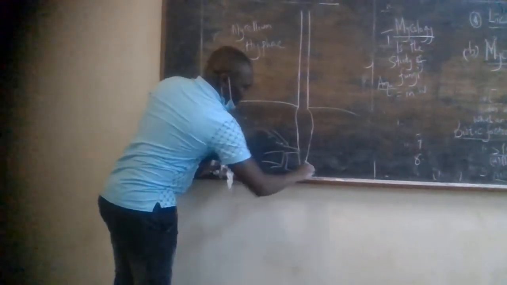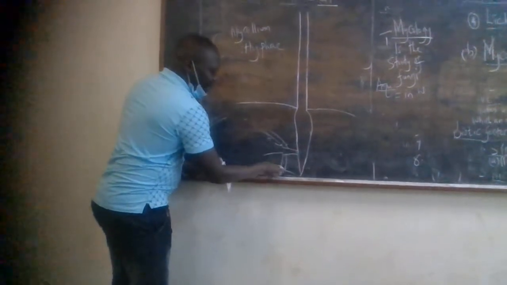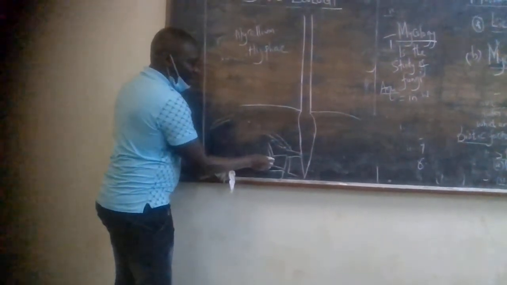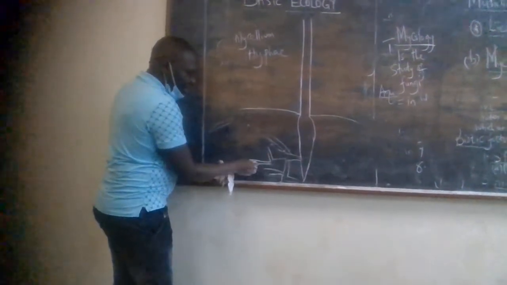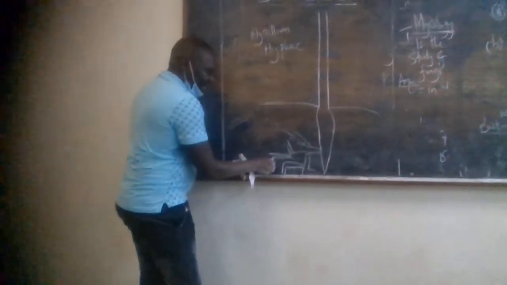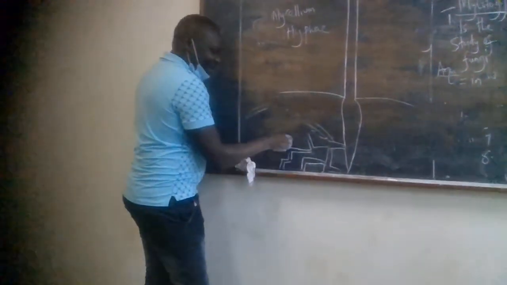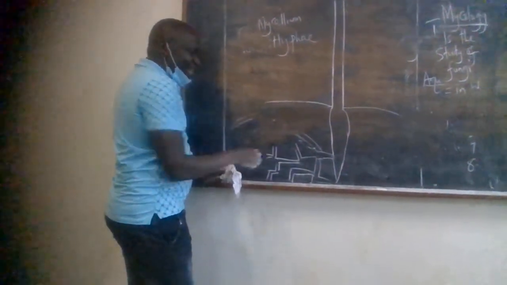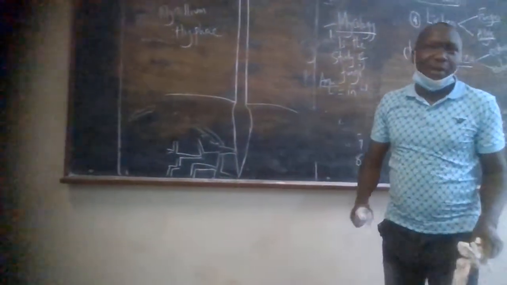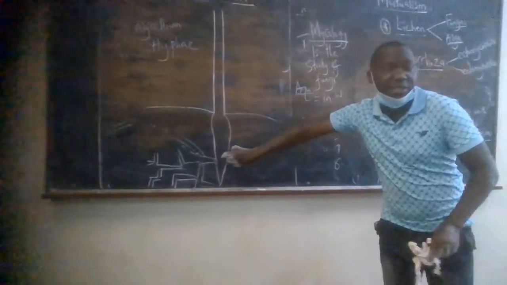It forms a lot of branching networks. Get the point? Extending deep into the different layers of soil, where the plant root would not reach.